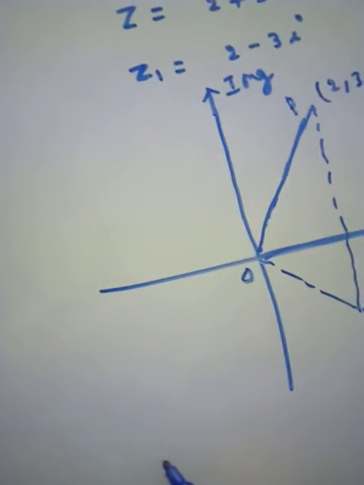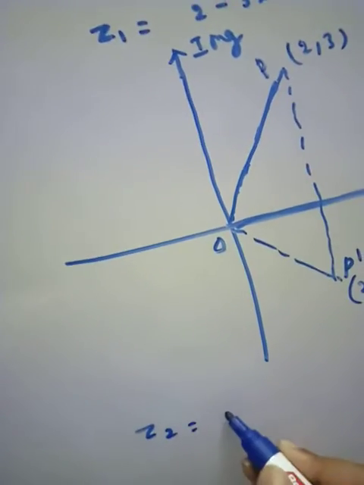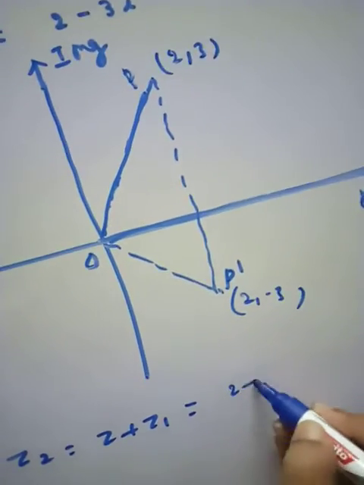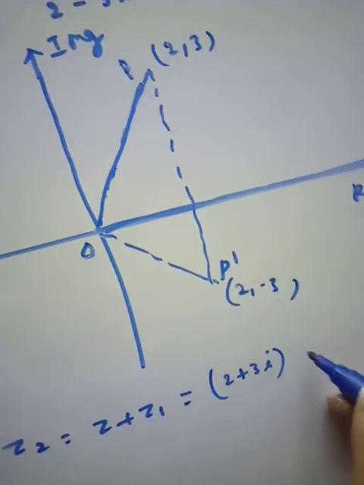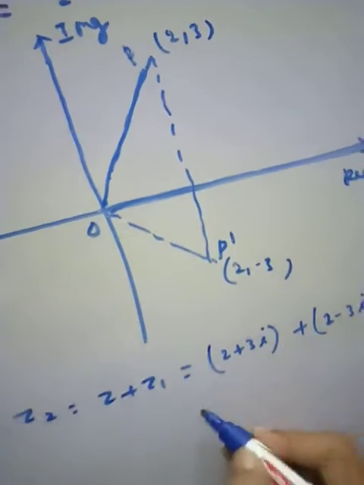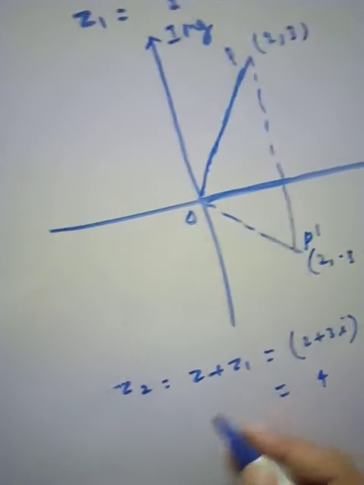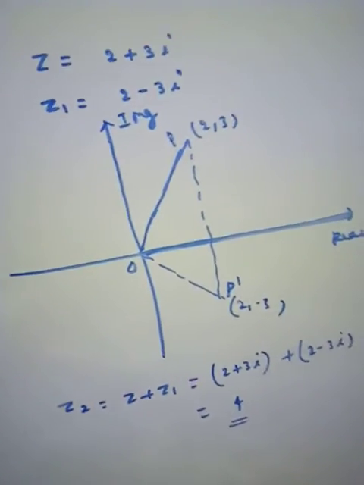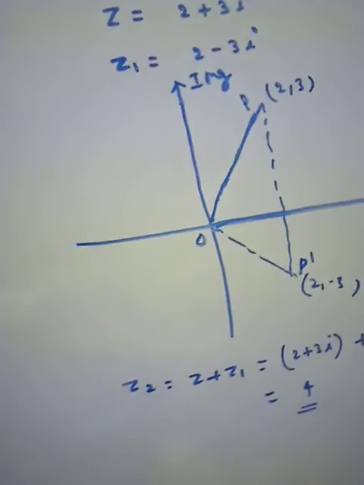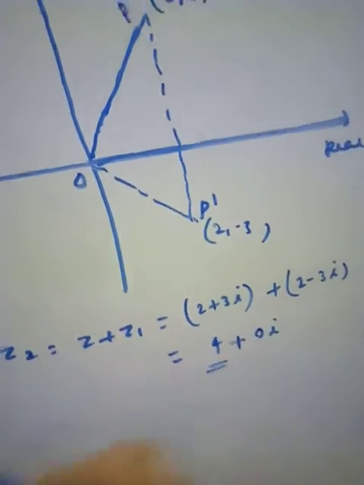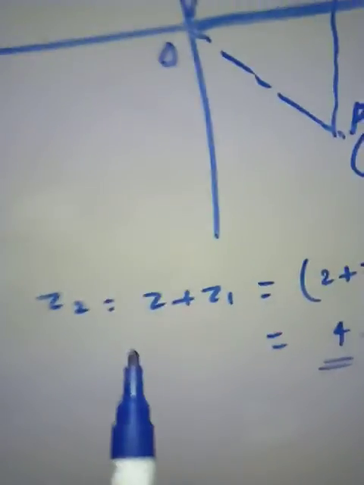Let a complex number z2 equal z plus z1. So 2 plus 3i plus 2 minus 3i, that means 4. So we got 4 here, which means the complex number we got doesn't have any imaginary part, so we can write 0i here.